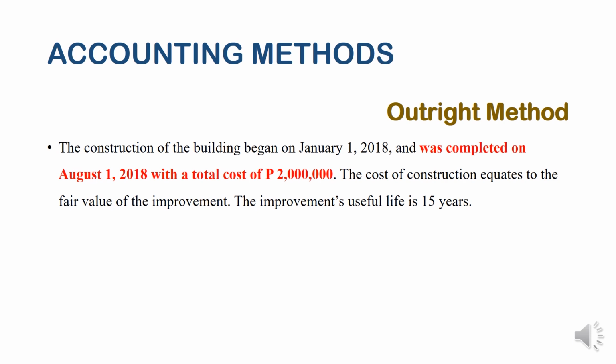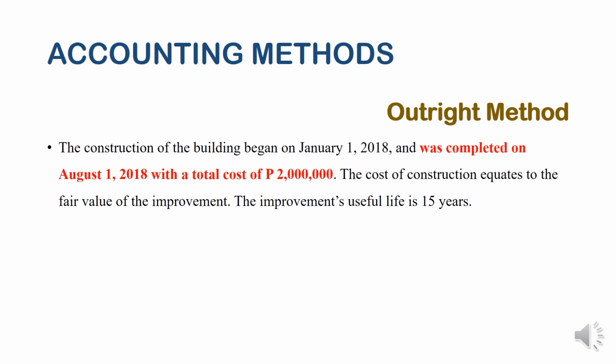Aside from that, the agreement provides that the lessee, Luigi, will construct a building. The construction of the building began January 1, 2018, which is the same as the commencement or the start of the lease. And the construction was completed on August 1, 2018, with a total cost of 2 million.